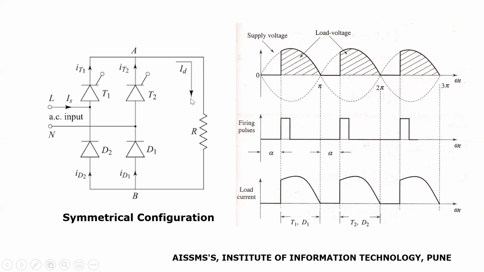This direction of a load current is considered to be positive, and the voltage appearing across the load is considered to be the positive voltage. So from instant omega t equal to alpha to instant pi, positive voltage will appear across the load and positive current starts flowing through the load.